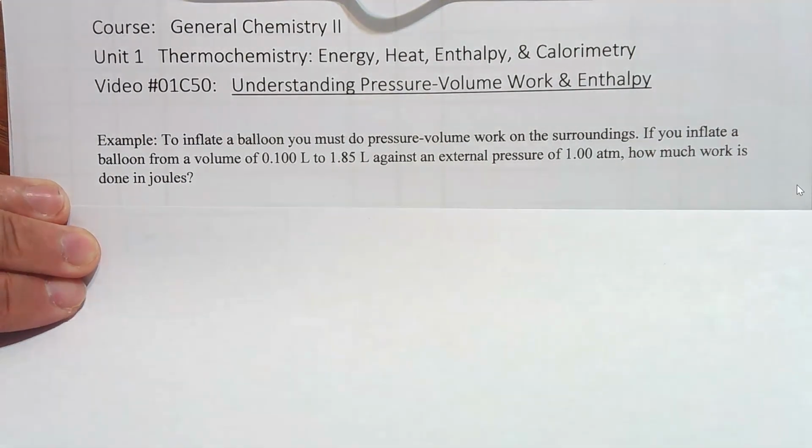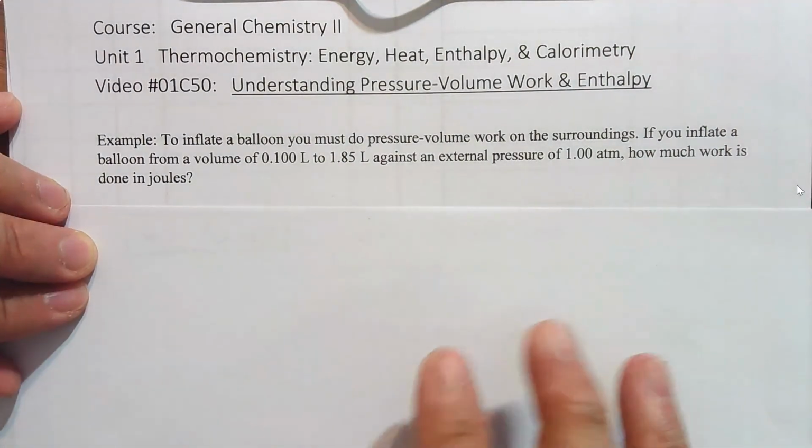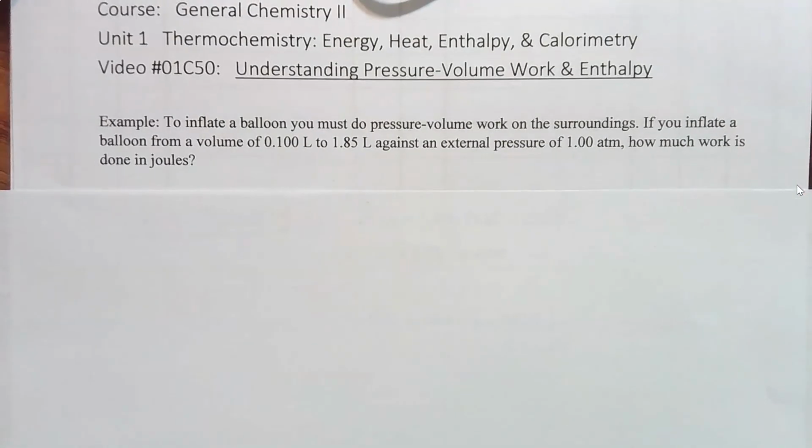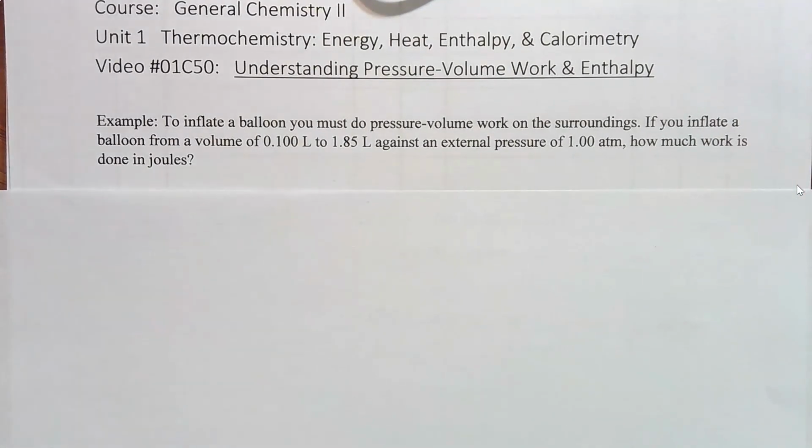I have the answer all printed out and the work shown. Why don't you pause the video and try this problem, and when you think you have an answer, go ahead and unpause and we could take a look at what I did.